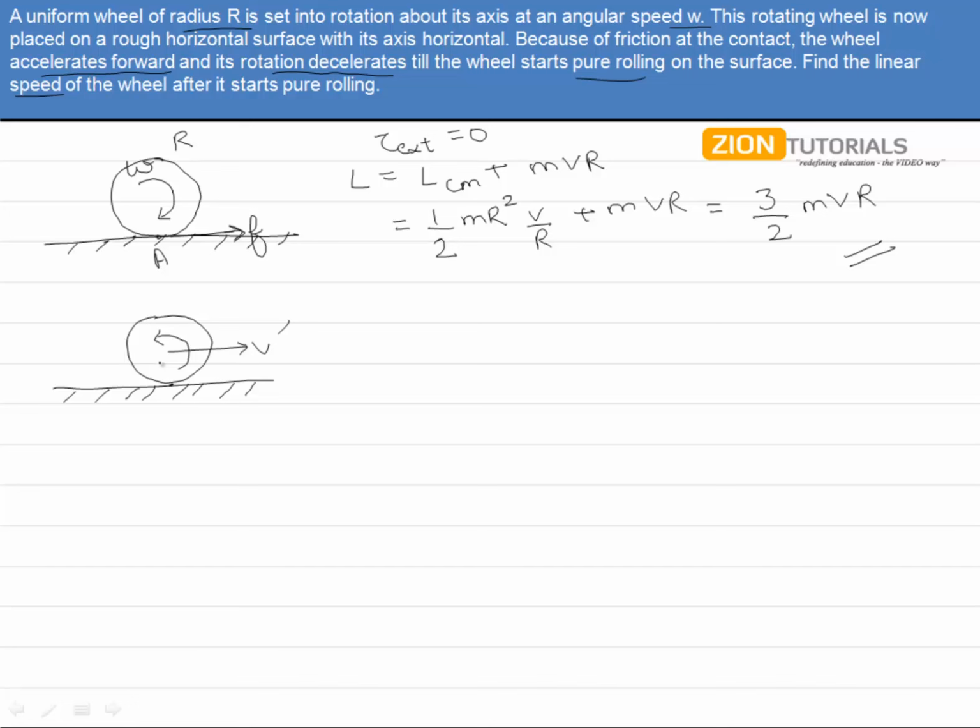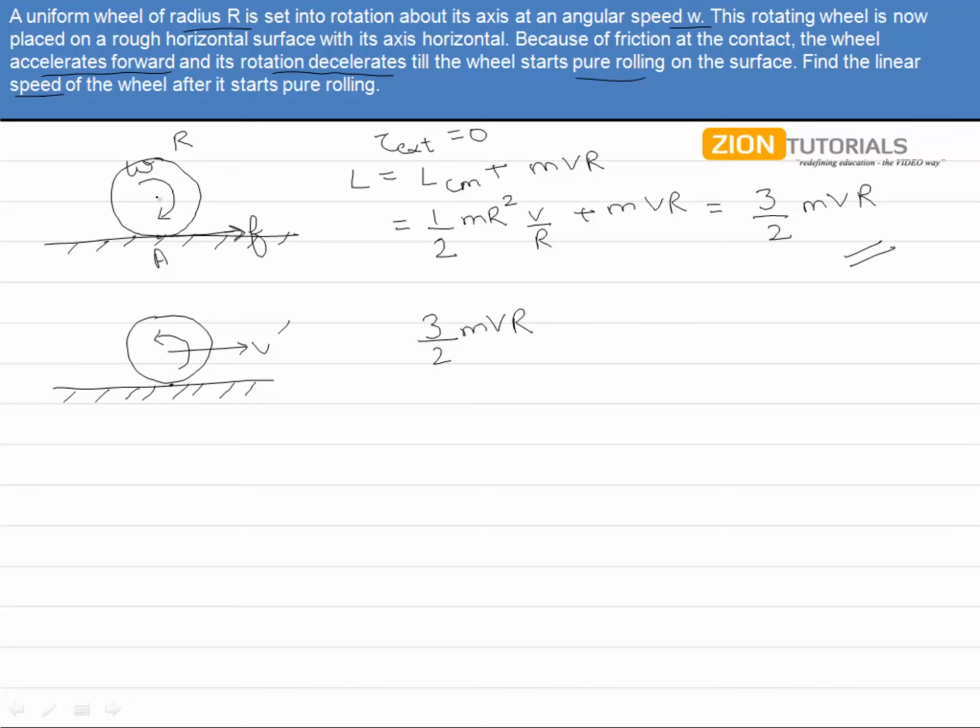So the initial angular momentum is 3 by 2 mvr. Now we have this in the clockwise direction because the rotation itself is clockwise, as well as the velocity, which is going to give a clockwise direction.